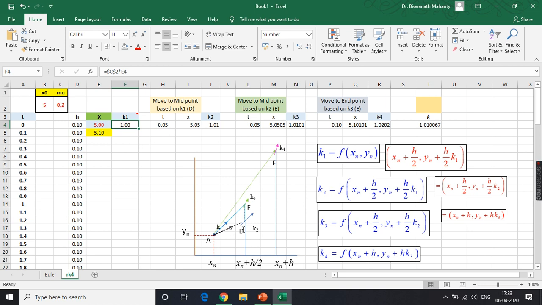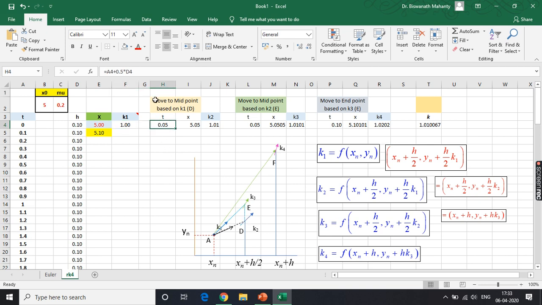And what will be the y-axis value of this point? Whatever y I already have, plus k1 into h by 2, that is the extra height we are gaining. So we can easily calculate the coordinate of d point.